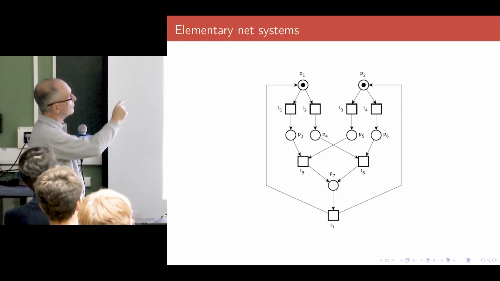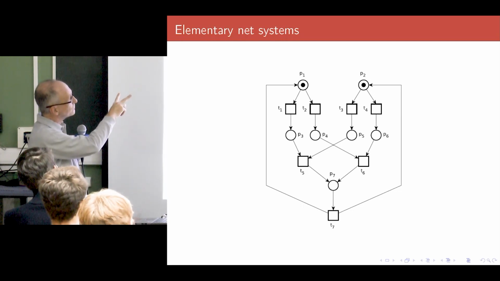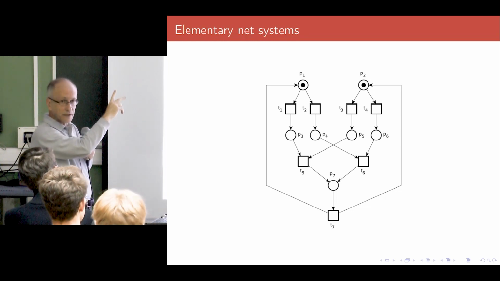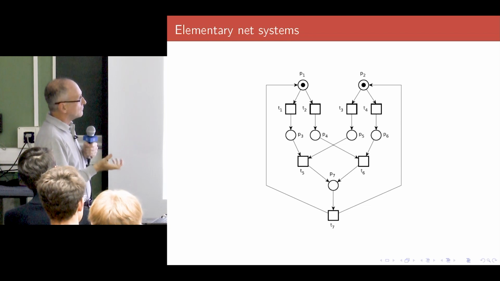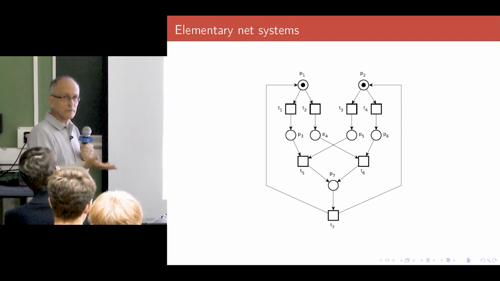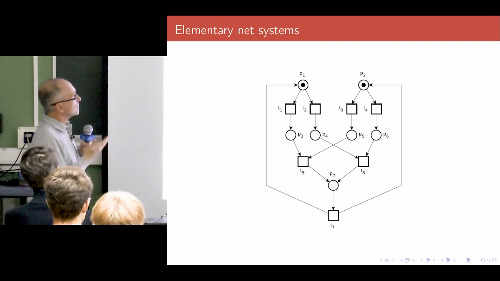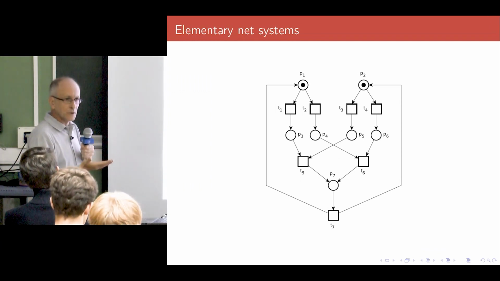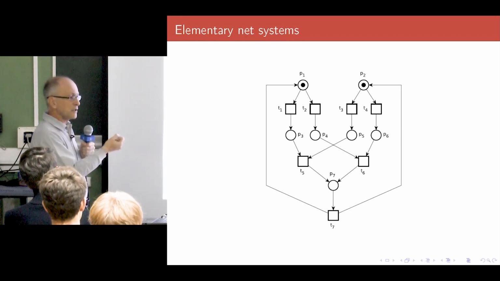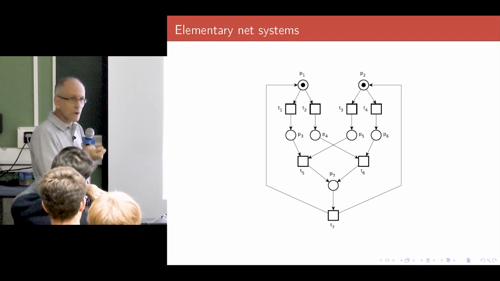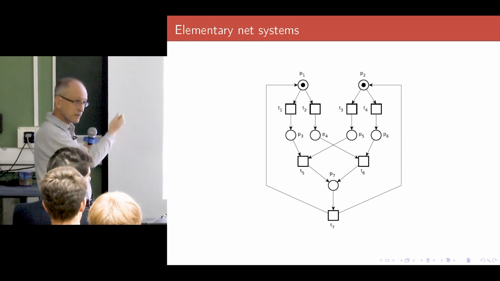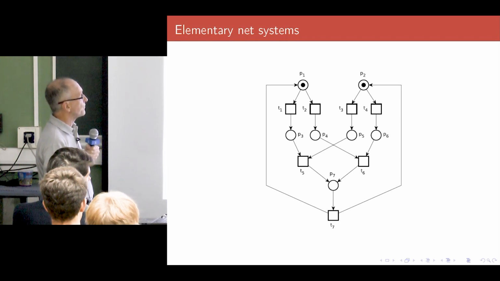But as you see, for instance, T1 and T2 have one precondition in common, which is P1. Then the so-called firing rule, the rule of evolution of this kind of nets, says that only one of them will actually occur. There is a conflict because it's like they share a resource and only one of them can actually use the resource, at least in this situation.